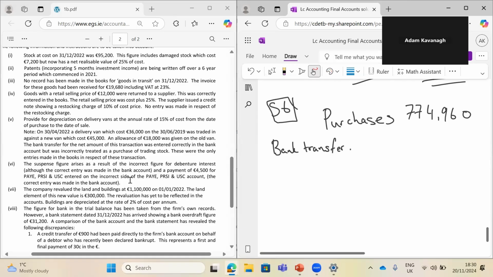Okay, so what is the net amount of the transaction? It's how much the new van cost against what our allowance was. So it's 45,000 minus 18 should give you 27,000. And that's the amount that we need to take out of purchases. That is the bank transfer.